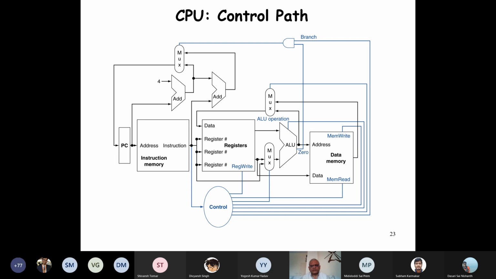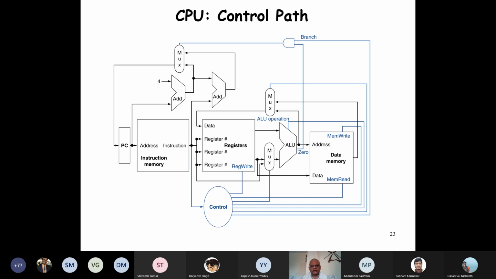Okay. So we have put the multiplexers, and not only that, there has to be a control which controls which multiplexer will be active, and when exactly the instruction memory will give out the instruction, the register.